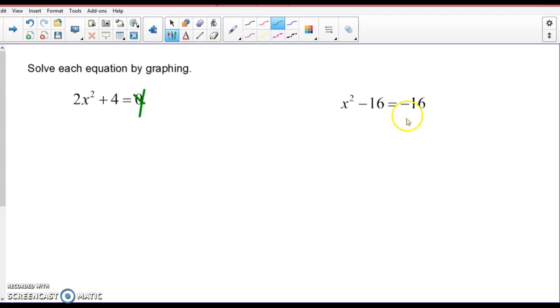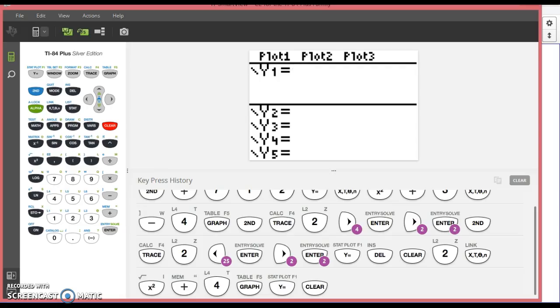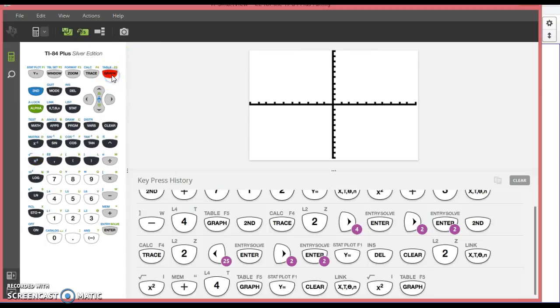You've got to get everything on one side, so add 16 to both sides. So x squared equals y. That's what you're typing in. So we're just typing in x squared.